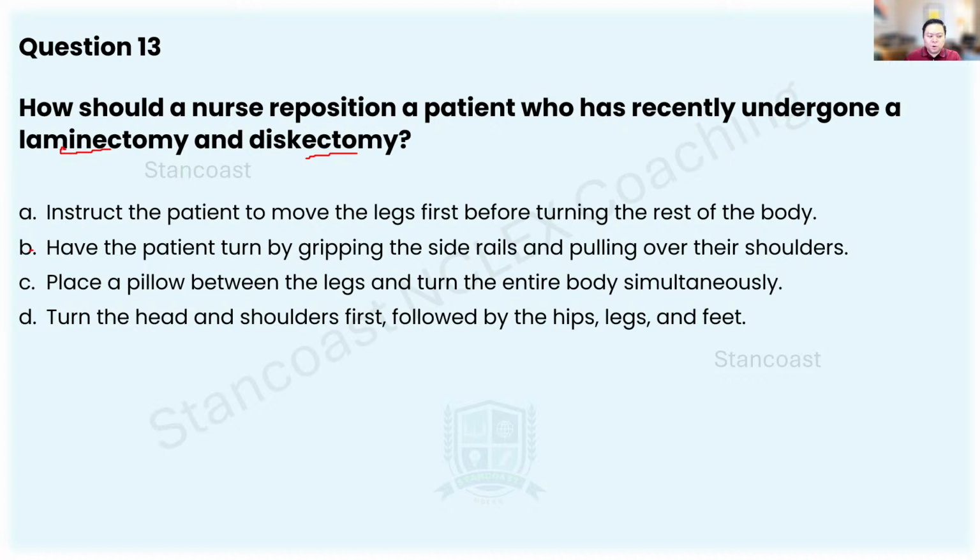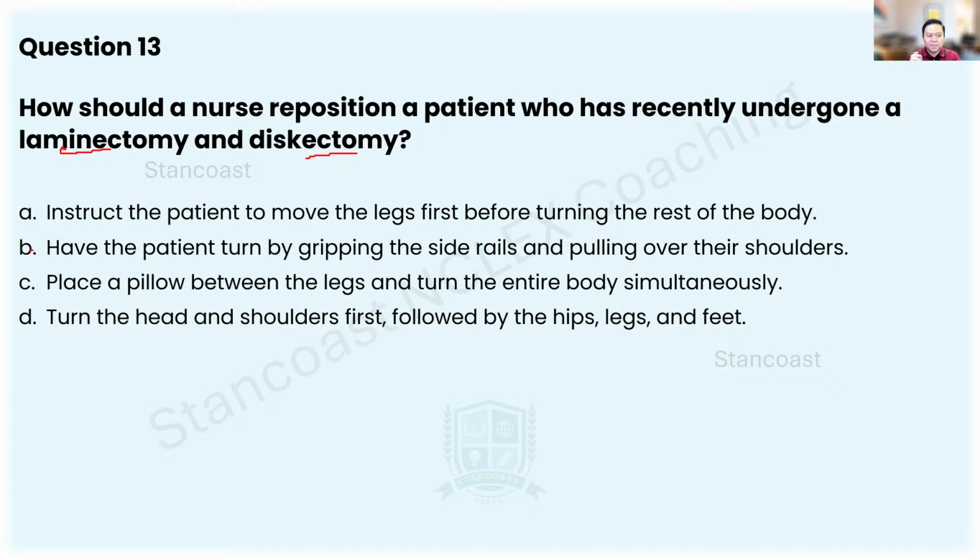Always observe the technique that can promote spinal alignment. This is what we are going to promote here. Prevent twisting, prevent flexion or bending of the hip area. We don't want that. We want to make sure that our patient maintains spinal alignment.